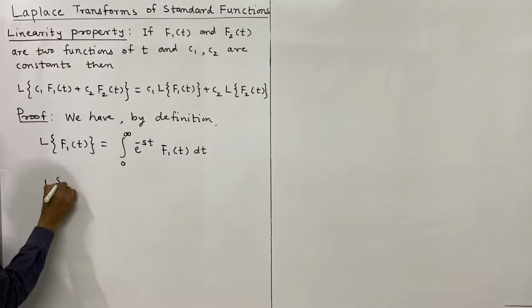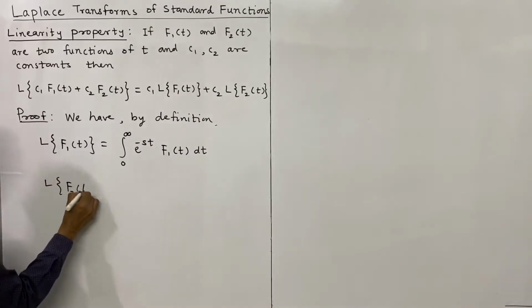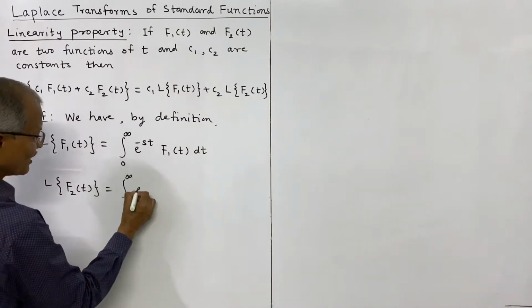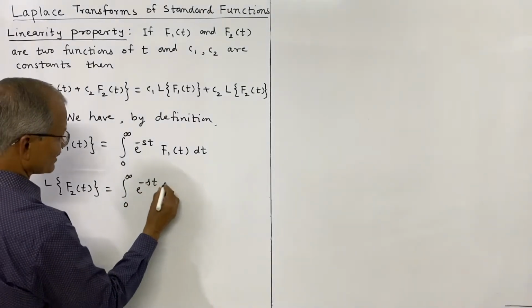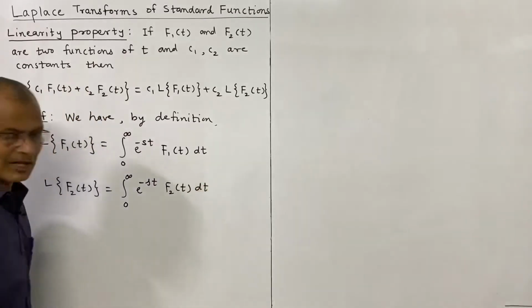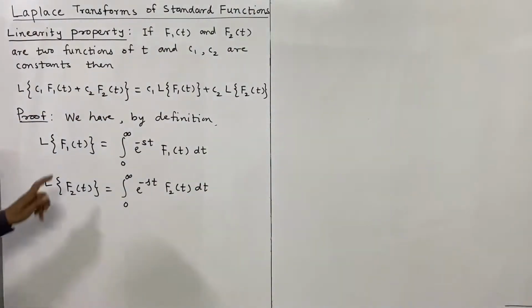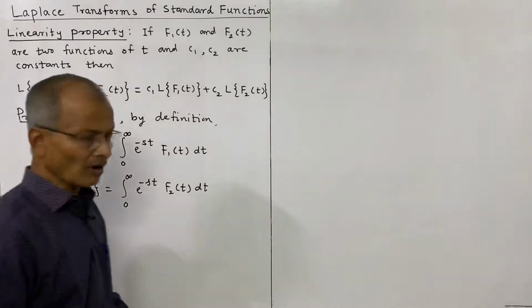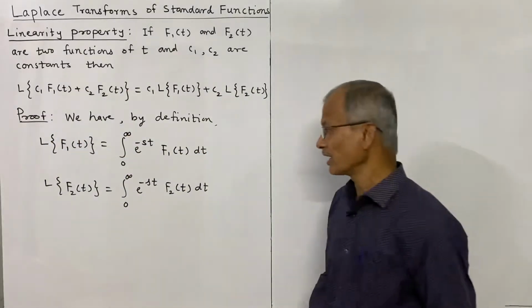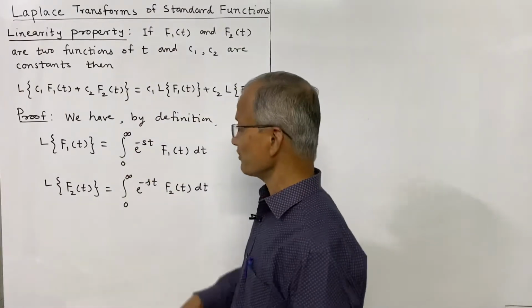Similarly, the Laplace transform of f2(t) is equal to integral 0 to infinity e to the power minus st f2(t) dt. Laplace transform for f1 and f2 we have written, but we want the Laplace transform of this linear combination of f1 and f2, and we use the same definition.